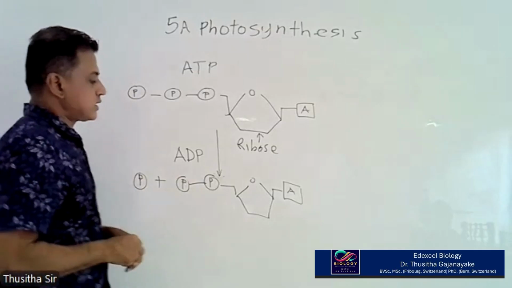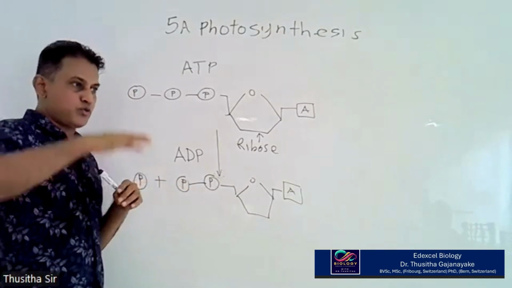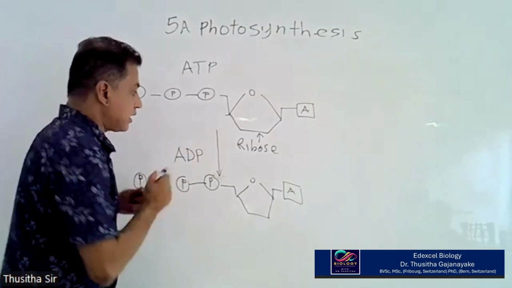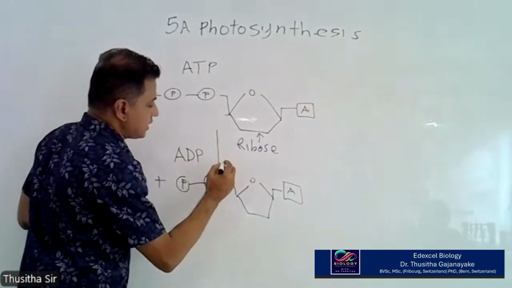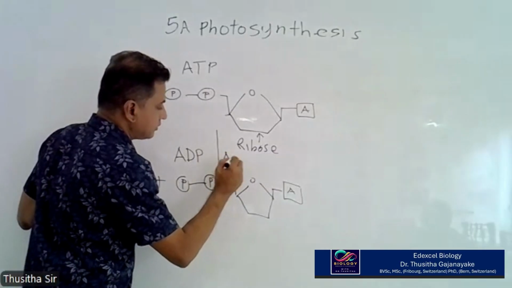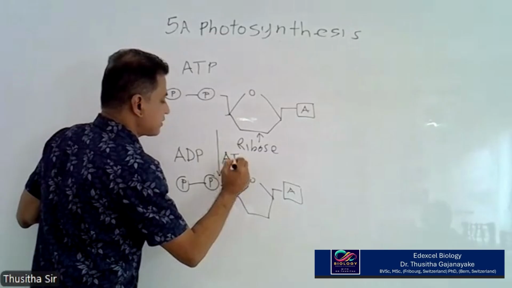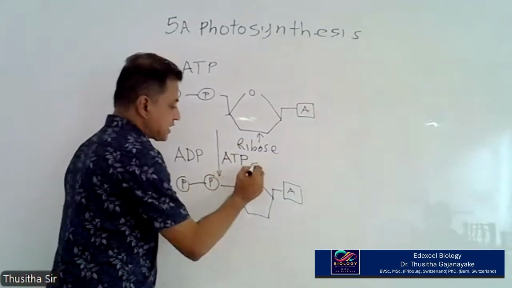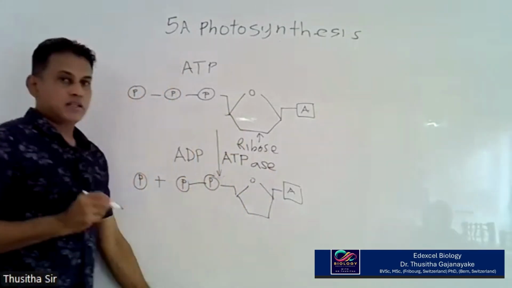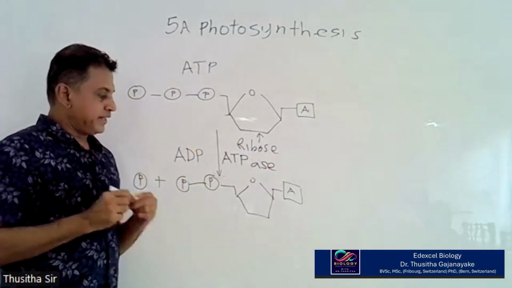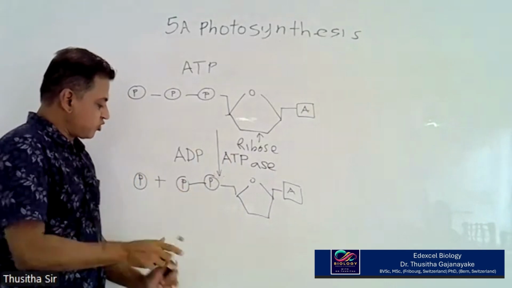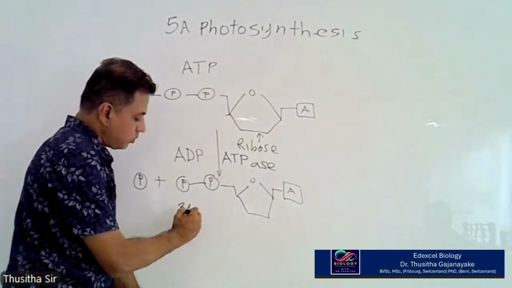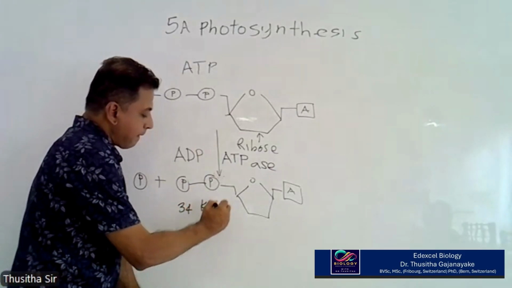Still, the energy requirement can be minimized by adding enzymes. That is the enzyme used here. Using the ATPase enzyme, it can break the bond and release this phosphate, and it can produce around 34 kilojoules per mole.